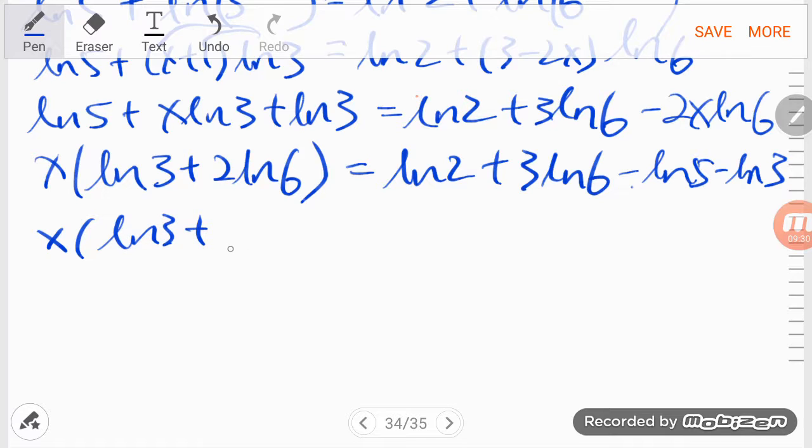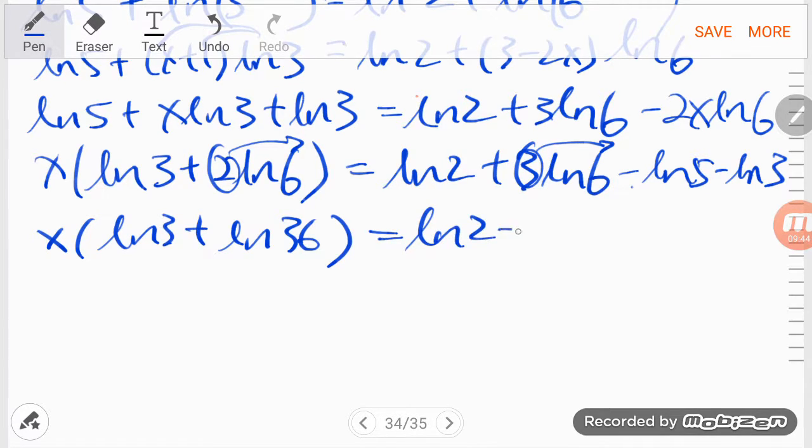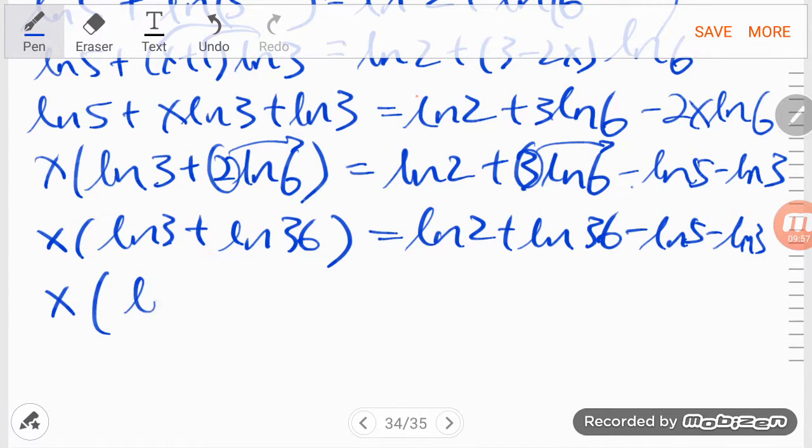This will be x multiplying ln of, since it's adding each other, this becomes 3 times 36. I don't need that anymore because I only have a multiply. This is equal to ln 2 plus ln 36. That becomes ln of 2 times 36 minus ln 5 minus ln 3.